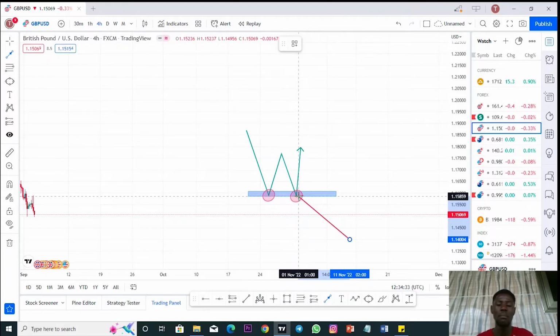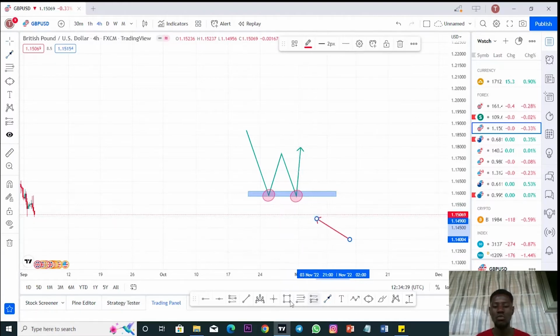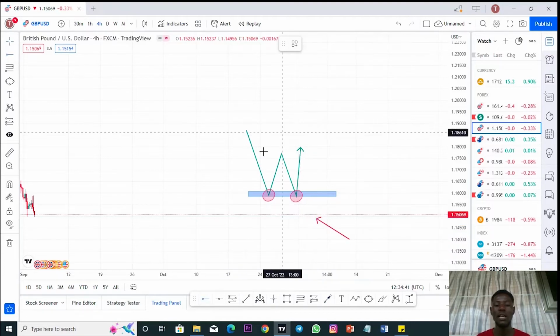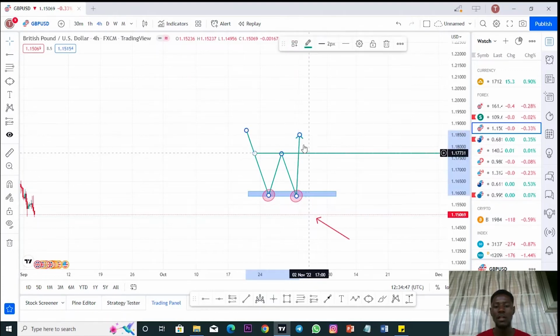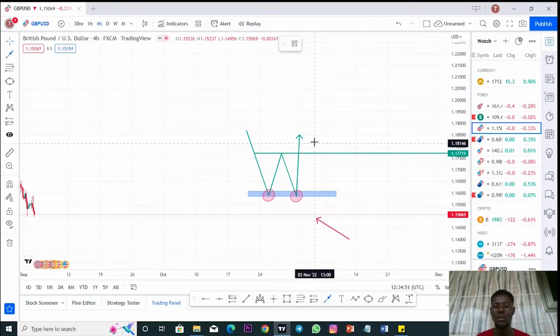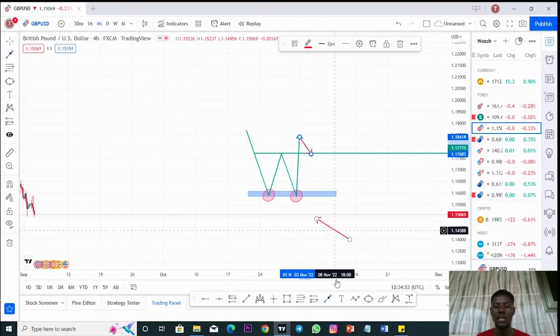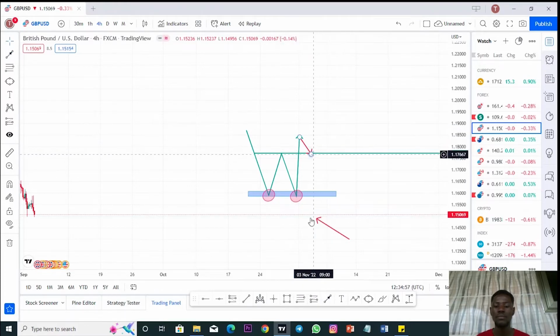market manipulation and those kinds of things, I wait for the market to break off the neckline, this neckline. I wait for the market to break off the neckline, come for a retest on the neckline, and then push to the upside.